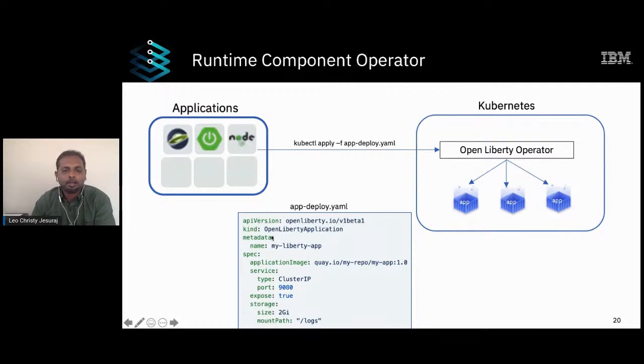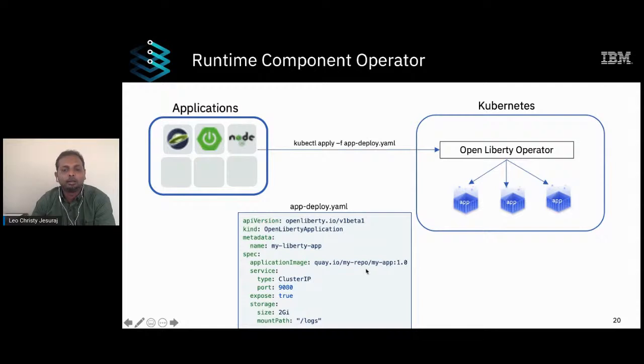So Open Liberty application, that's the custom resource name. And here you are just saying, hey, this is my application image. I want to have a service, and I want to use this particular port. I want to expose my application outside the cluster. And I also want to persist the logs at this particular location. And that's all you need to do.